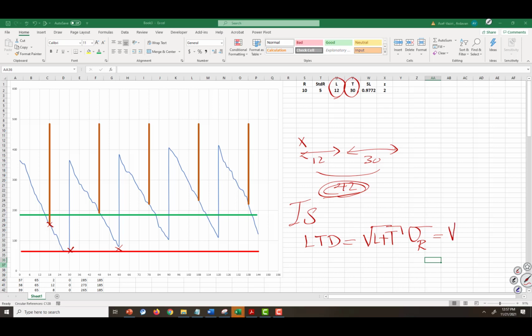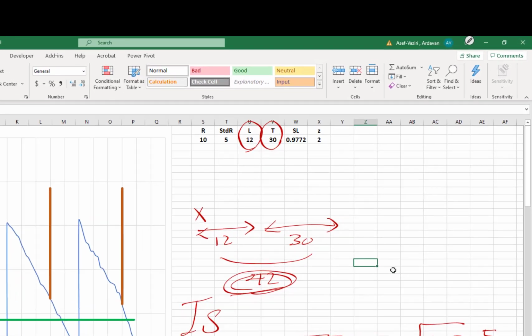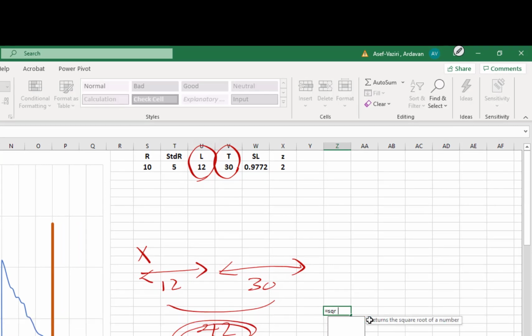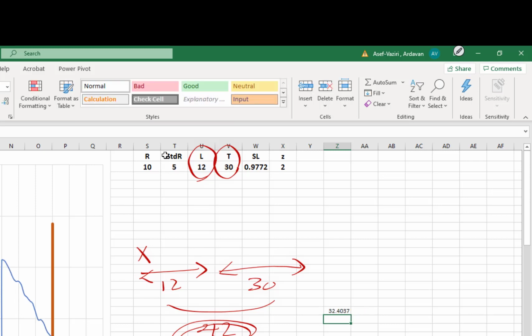And that is equal to square root of 12 plus 30 multiplied by 5, which is standard deviation of daily demand, which comes out 32.4.